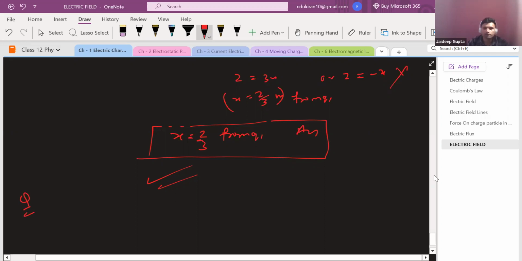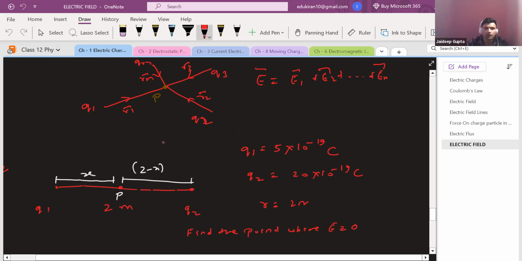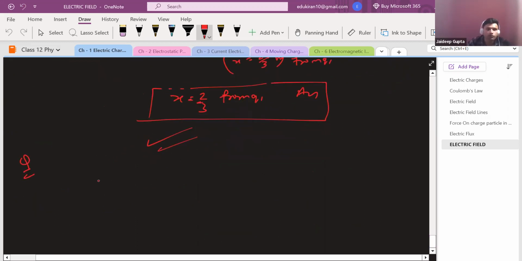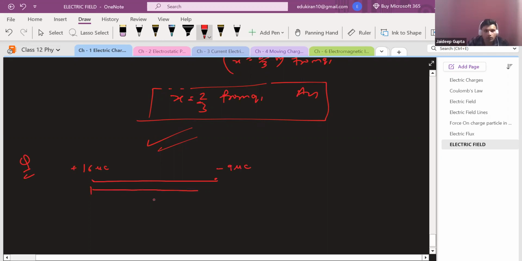Next question. Again, a similar type of question. The first charge is plus 16 microcoulomb. The second charge is minus 9 microcoulomb, placed 8 centimeter apart.